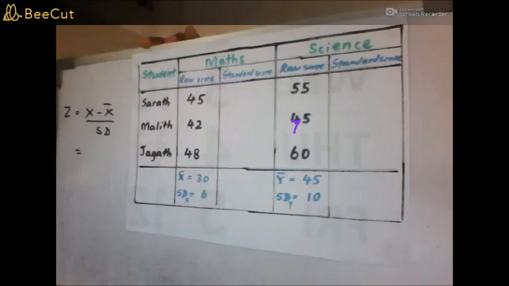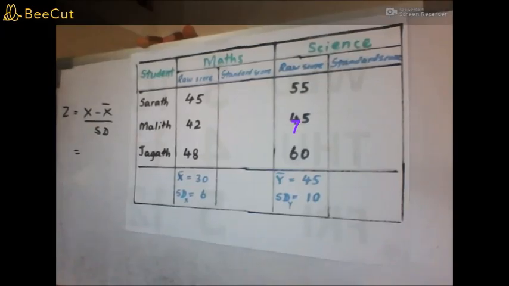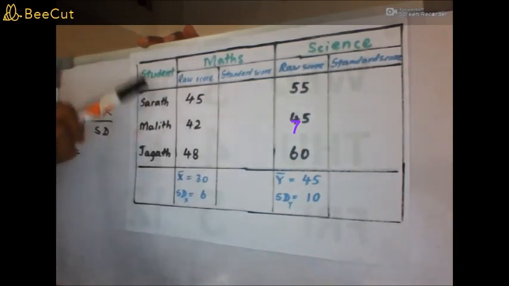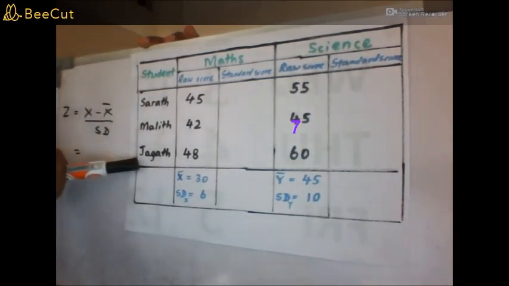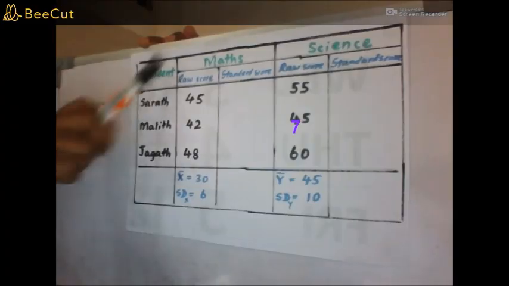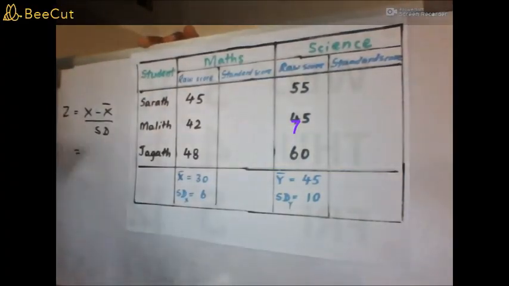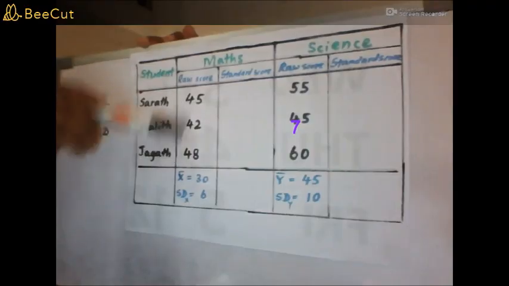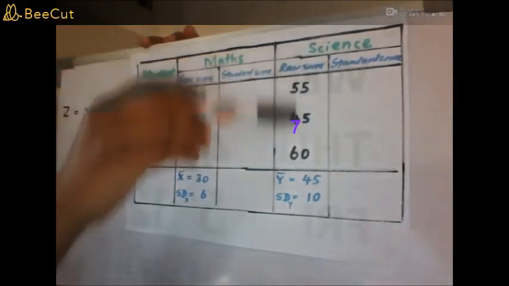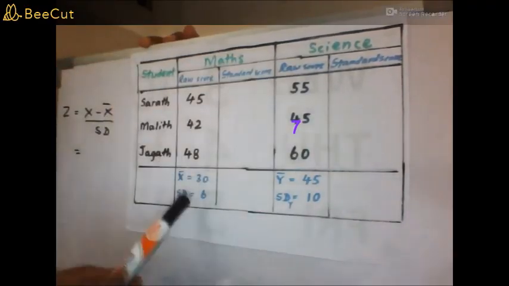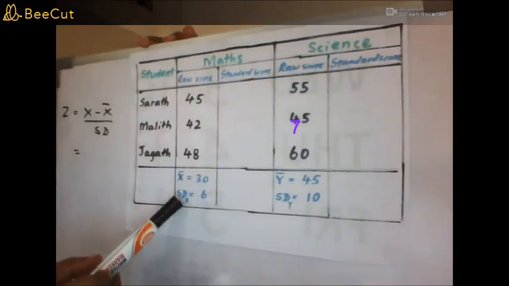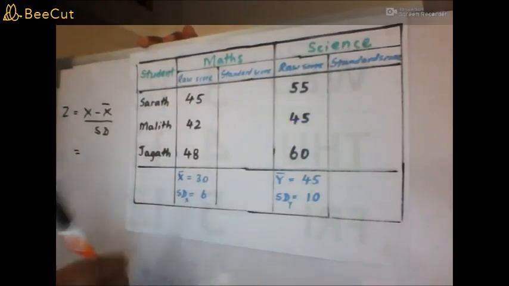Now we'll study another type of interpretation. We have a table like this. There are 3 students, and their maths marks and science marks are given. The raw scores are given for maths and science, and the relevant mean values and standard deviations are given for the 2 subjects.